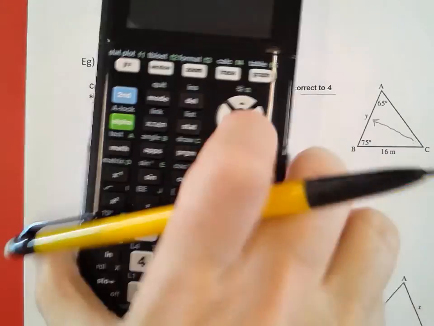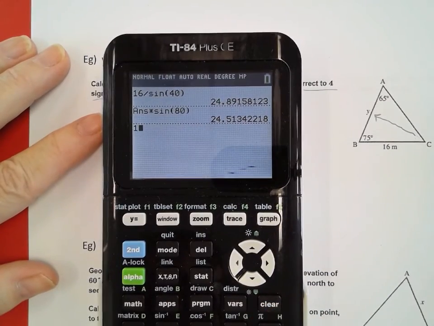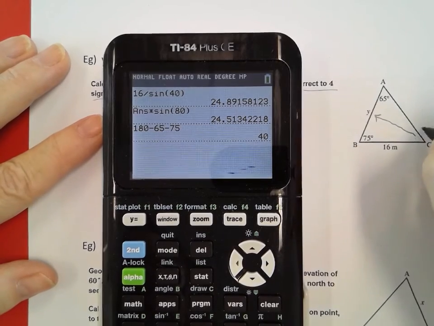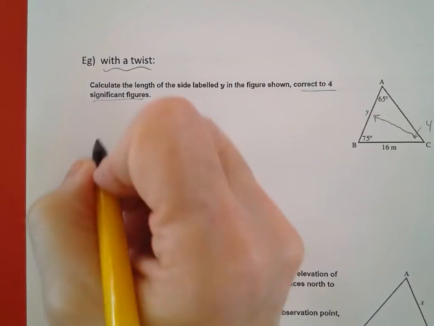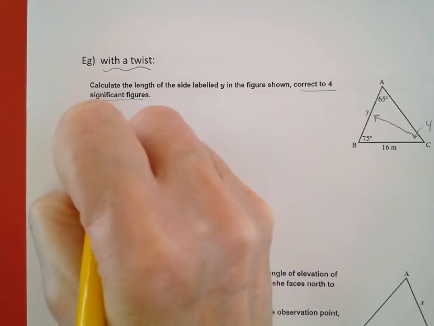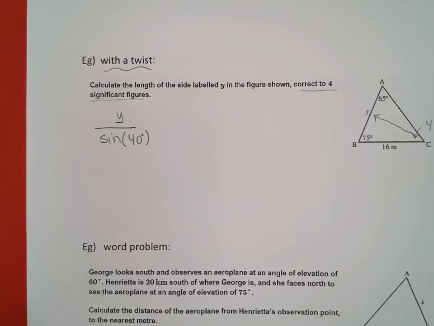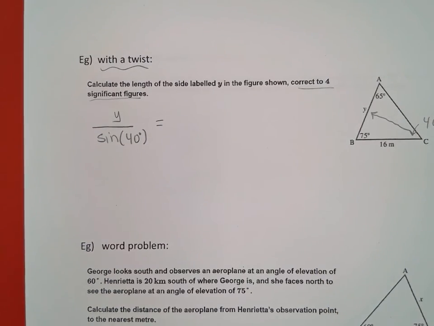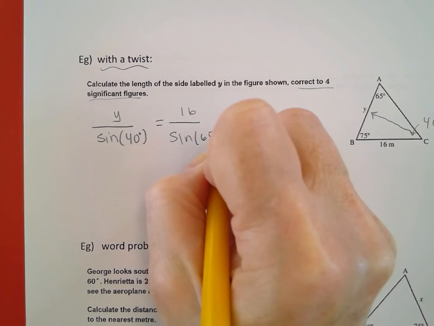So the first thing I have to do is find that, and that just takes remembering that a triangle has 180 degrees, so I'll take off 65, and I'll take off 75, and I'll get 40. Okay, easy enough. And so I do y over sine 40 degrees equals, remembering the sine rule, 16 over sine 65 degrees.